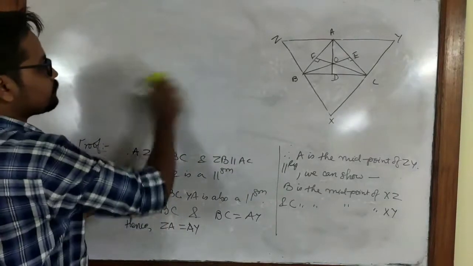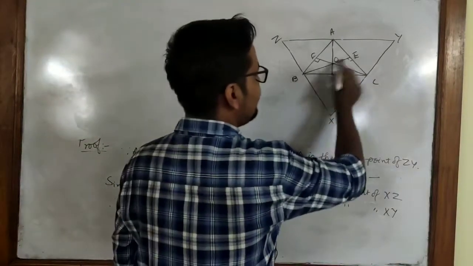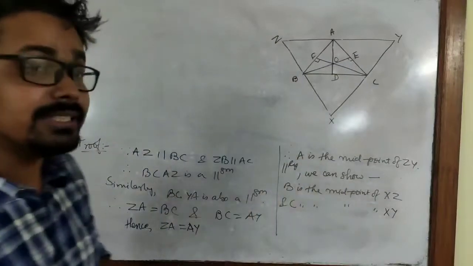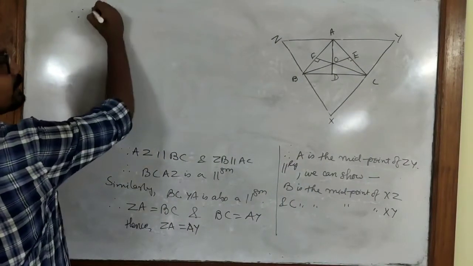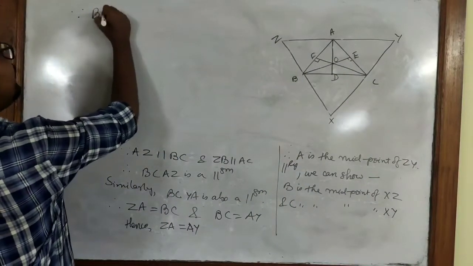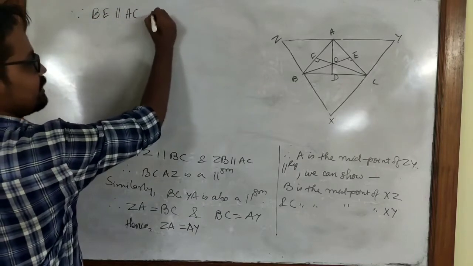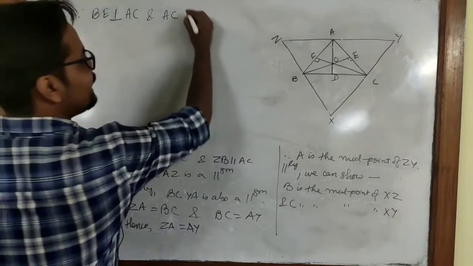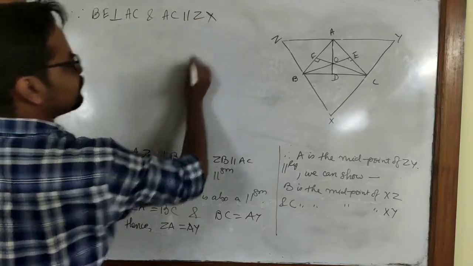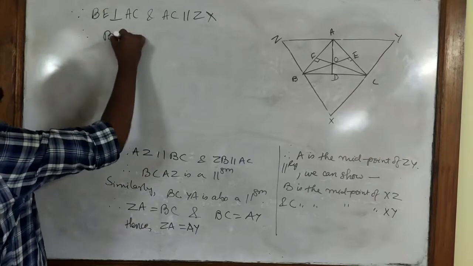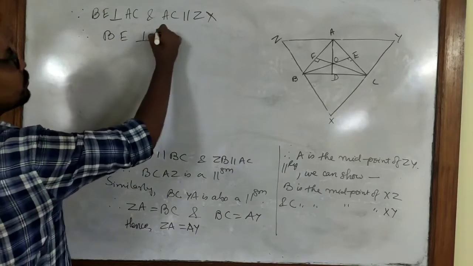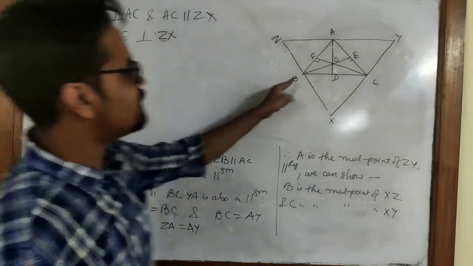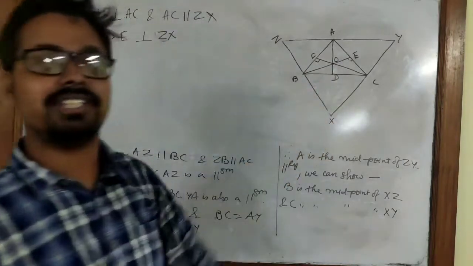That means that BE is perpendicular to AC, but BE also becomes perpendicular to ZX. Since BE is perpendicular to AC and AC is parallel to ZX, therefore BE is also perpendicular to XZ or ZX, whichever you want to write. So this line is also perpendicular to this line.